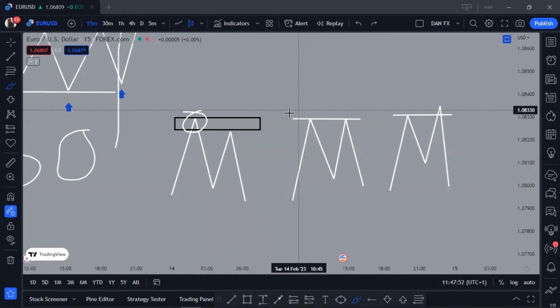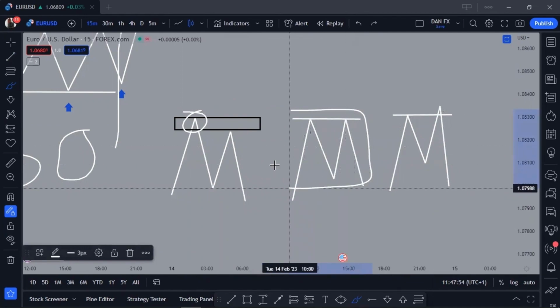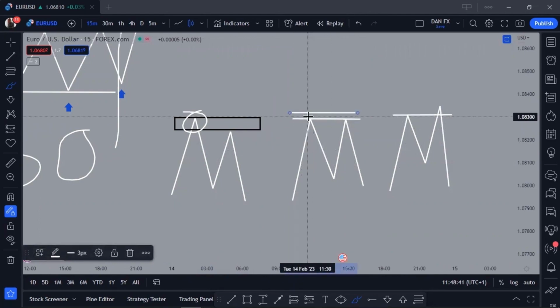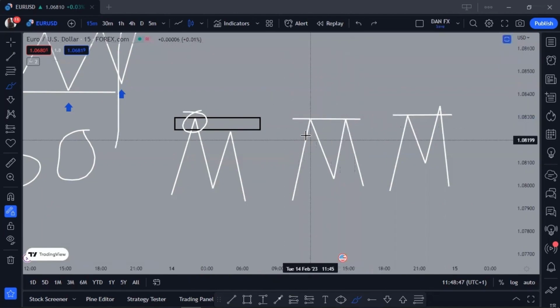Now, the second type, which is this one, what usually happens here is the reason why they don't break this high is that they don't really need to break the high. So let's say a lot of people took sales in here and their stop losses are above here. What they usually do is they'll come to that exact high. Now they don't need to break that high.